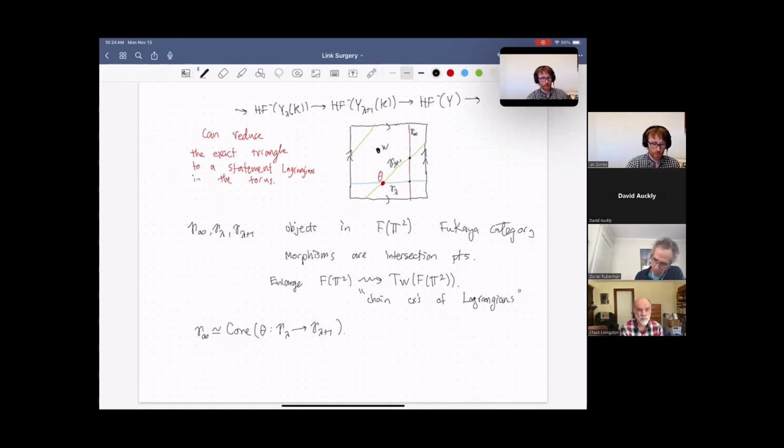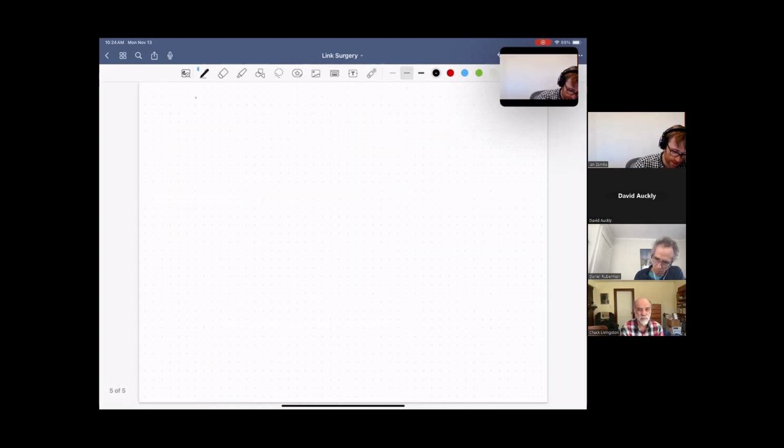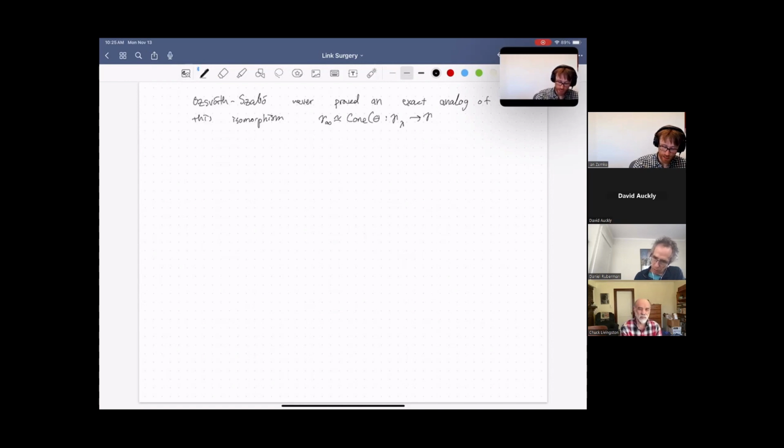But one thing that was left is that none of the subsequent authors ever proved an exact analog of this isomorphism, of this long exact sequence, for the Dehn surgery mapping cone formula that we talked about in the introduction. There were approximations to this, but they never proved one on the nose.